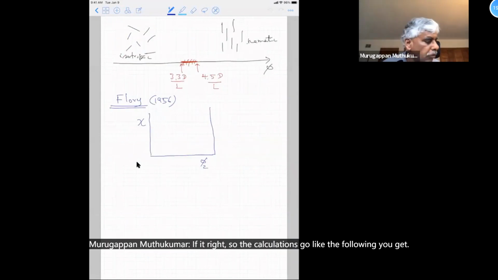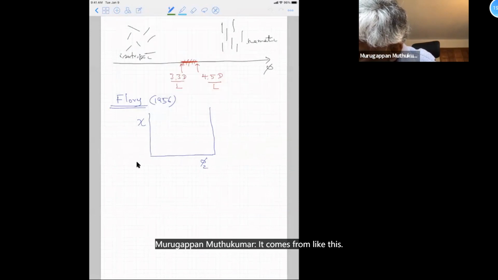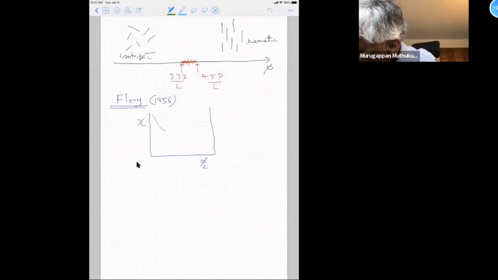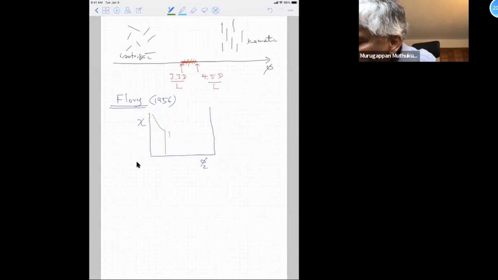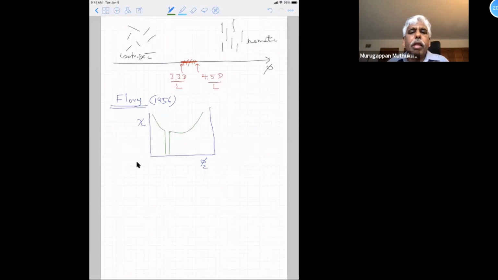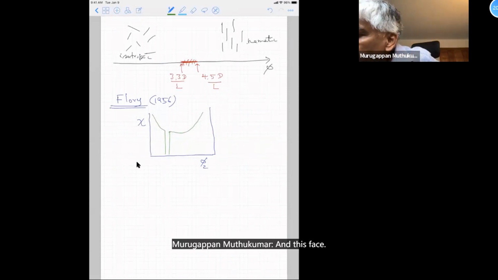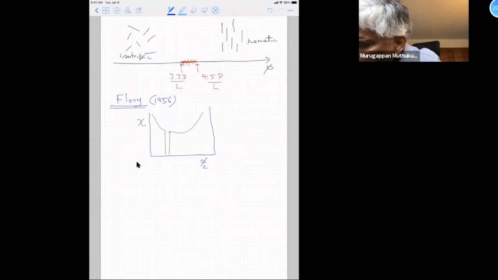So the calculations go like the following. It comes down like this, and then there's a chimney region, people call it the chimney region. And then it goes like that. And this phase is isotropic.